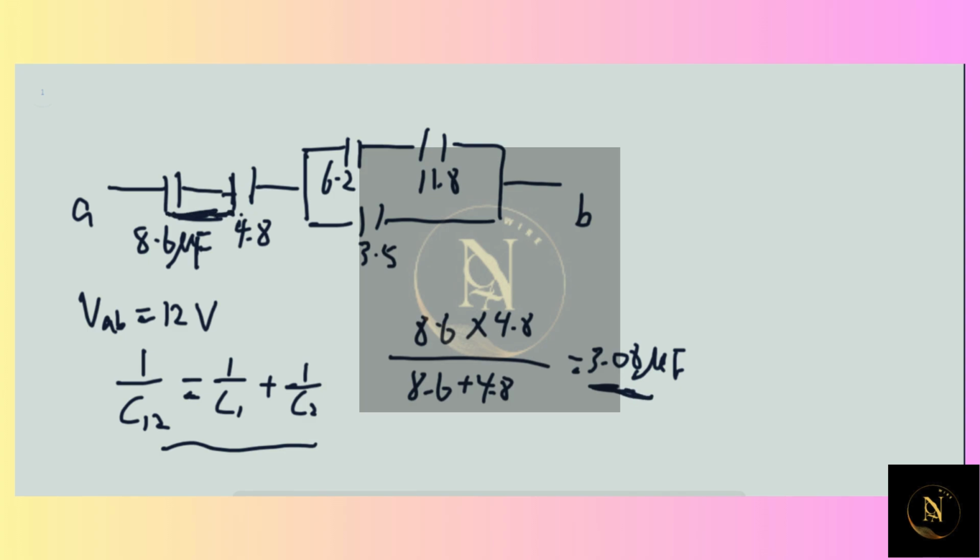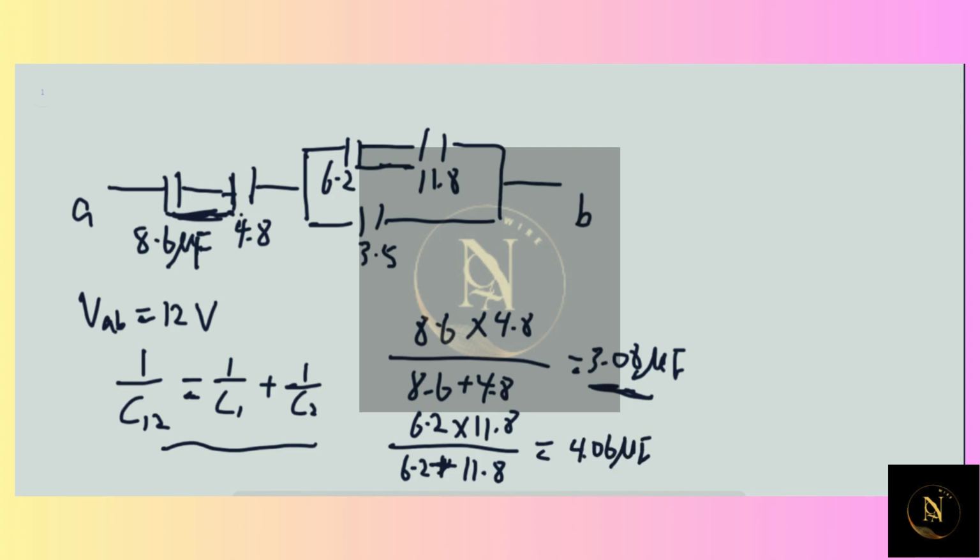And the equivalent capacitance for these two is given as 6.2 times 11.8 divided by 6.2 plus 11.8. So this gives you 4.06 microfarads.